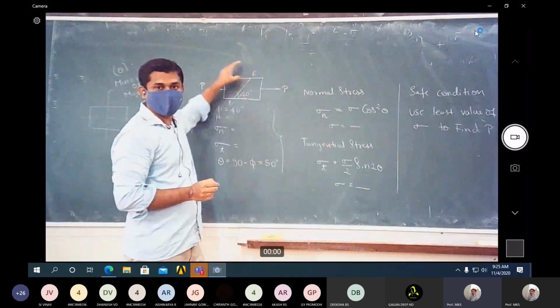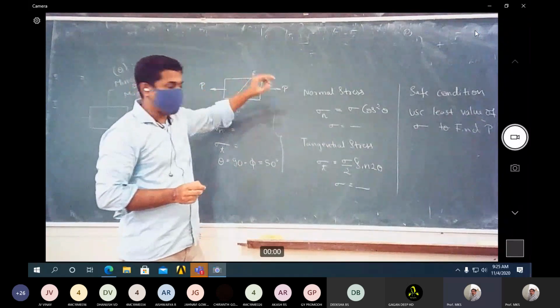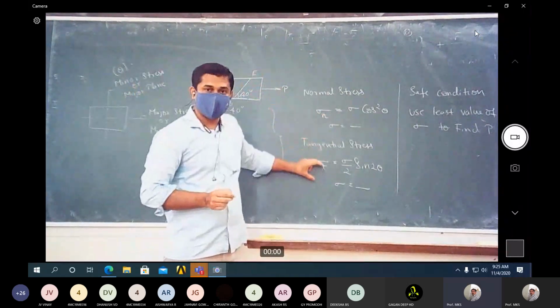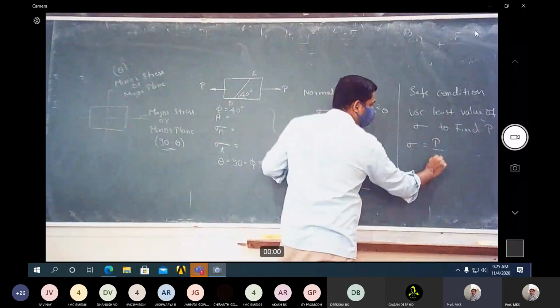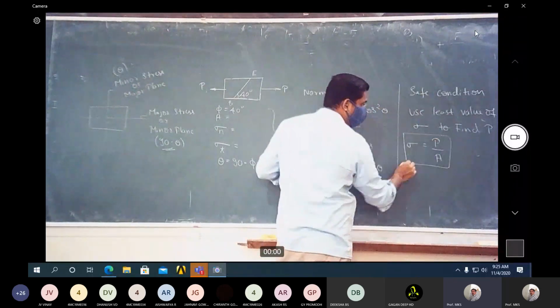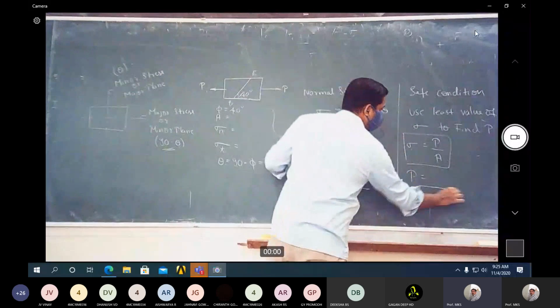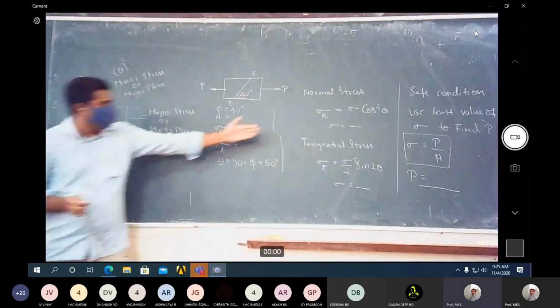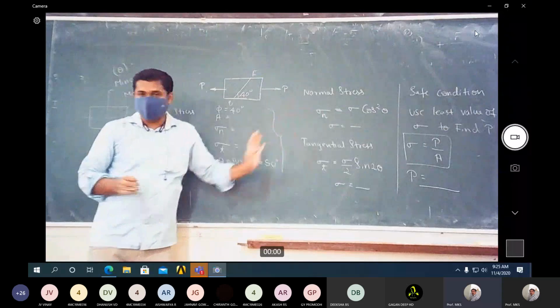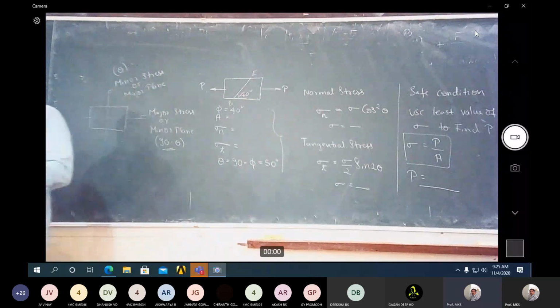So whichever is less, use that. You know that sigma is equal to P by A, the general equation. Find out P. That's it, simple. The only thing you need to know is the equation. Okay, so you do this.